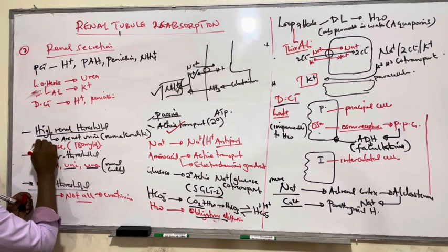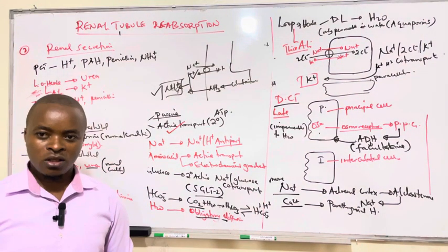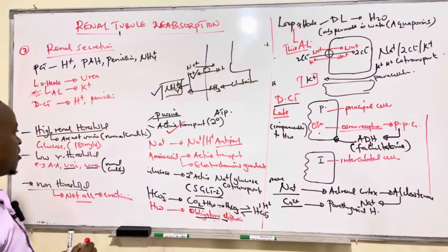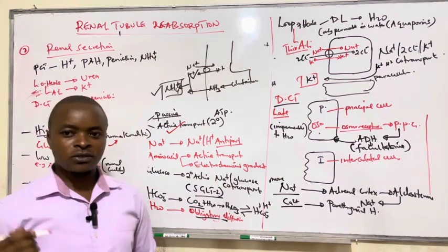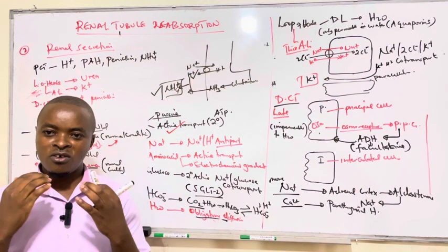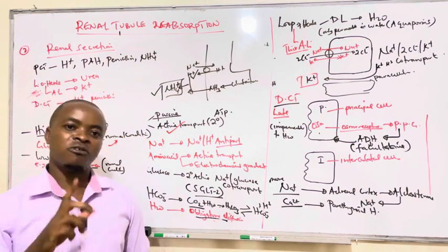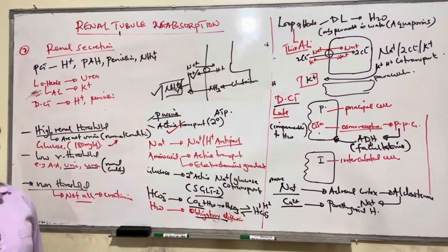That's when they can be found in urine, so they are found in urine under abnormal circumstances. That's what we call high renal threshold substances.